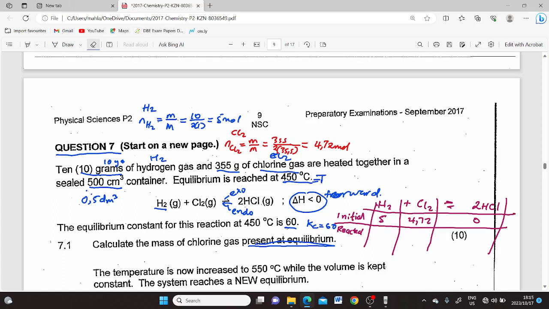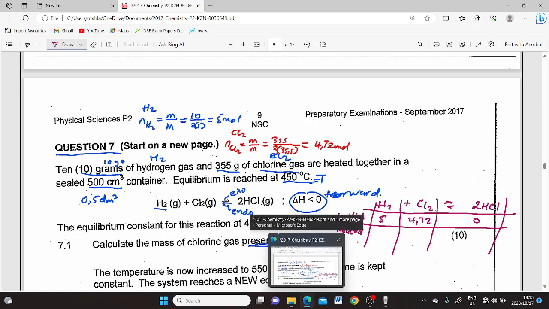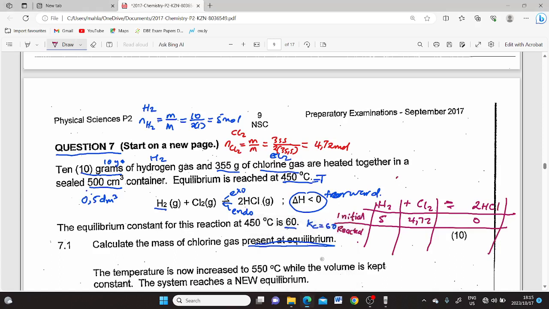Let's not start by reacted, it's fine. From the reacted we have the equilibrium, and from the equilibrium we'll have the concentration at equilibrium.